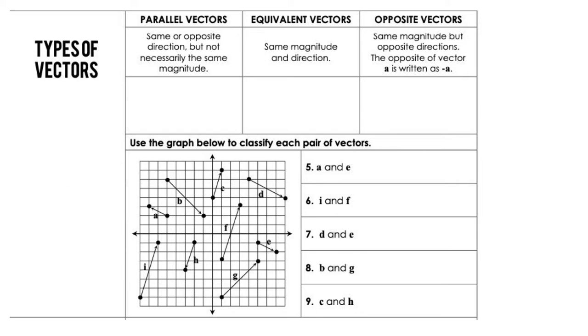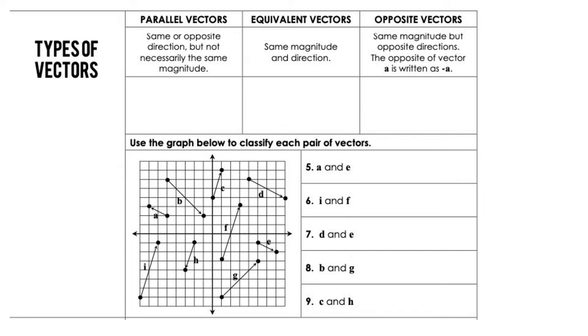Okay, so now we're going to talk about parallel vectors. Those are vectors that have the same or opposite direction, but not necessarily the same magnitude.